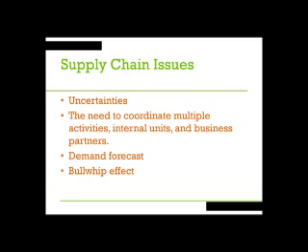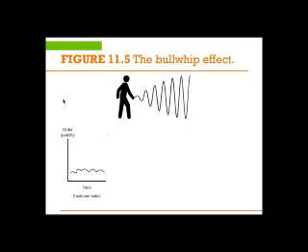And the idea of a bullwhip effect, if you notice here on the bullwhip, a little bit of motion close to the hand translates into a very wide swing at the end of the bullwhip. And that happens is we know there's normal variations and fluctuations with customer sales. Sales in January are not the same as they are in March or in June and August. They vary up and down over time.